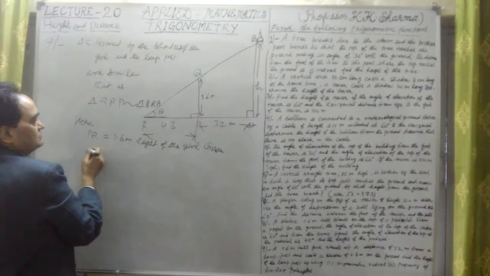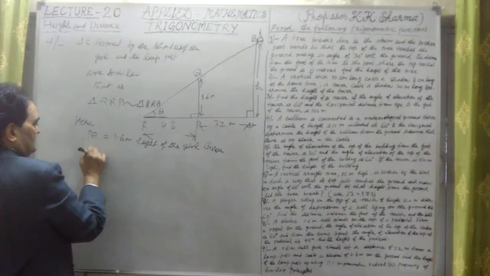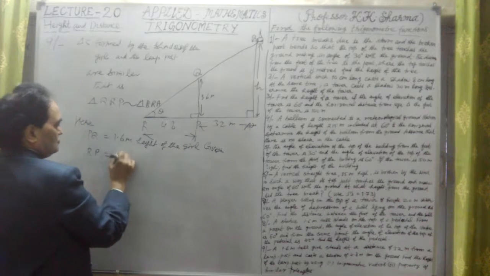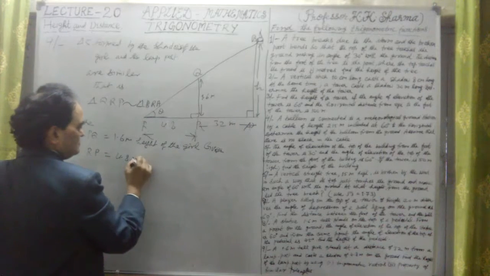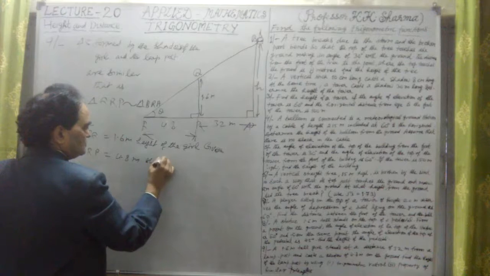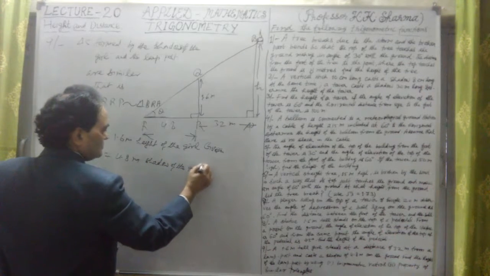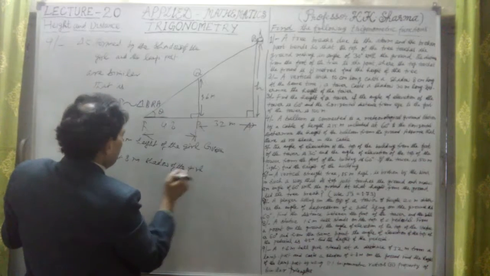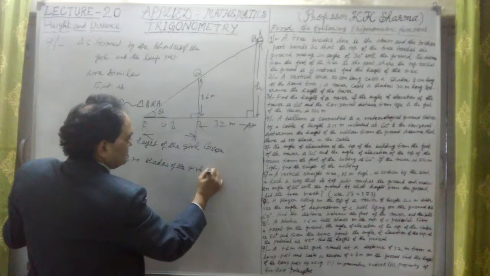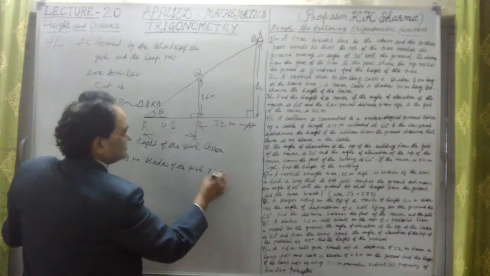Okay, and then RP is equal to 4.8 meter, the shadow of the girl. The distance of the shadow of the girl is also given to us.